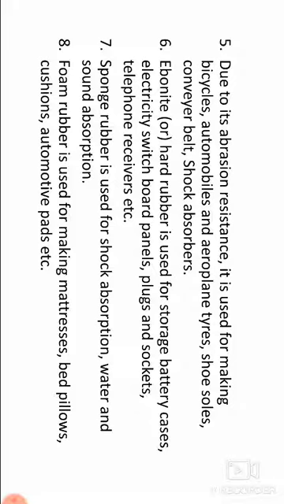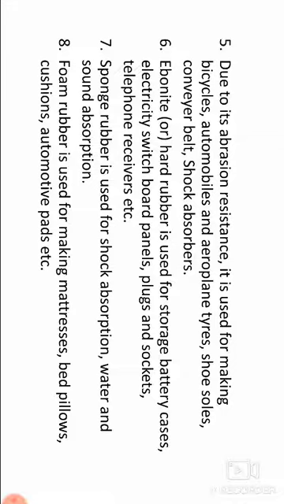Fifth one, due to its absorption resistance, it is used for making bicycle, automobile, and aeroplane tires, shoe soles, conveyor belts, shock absorbers.